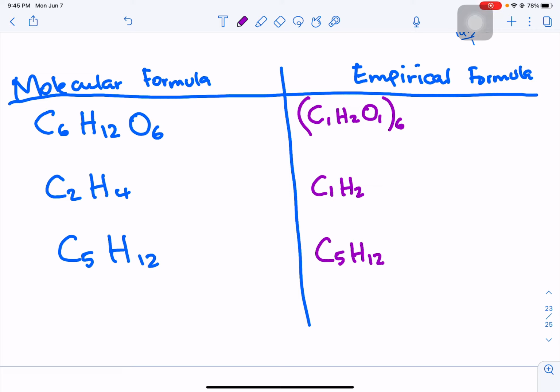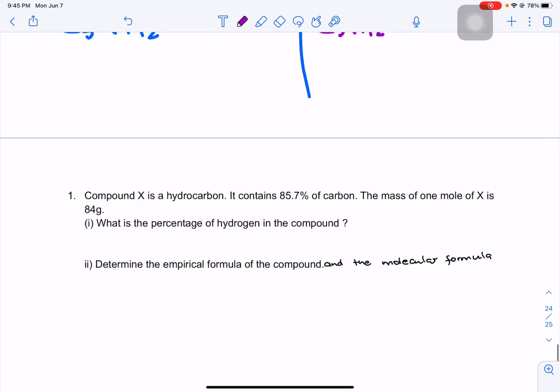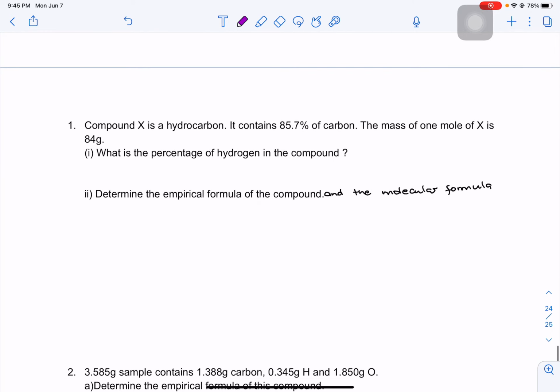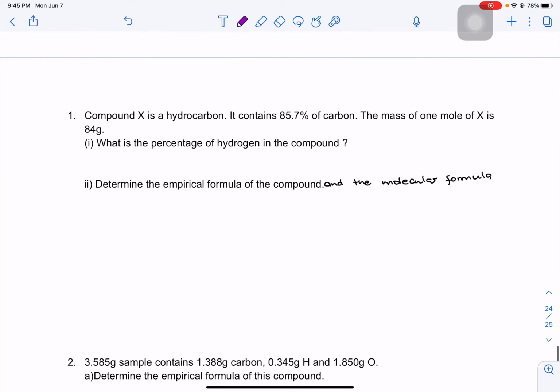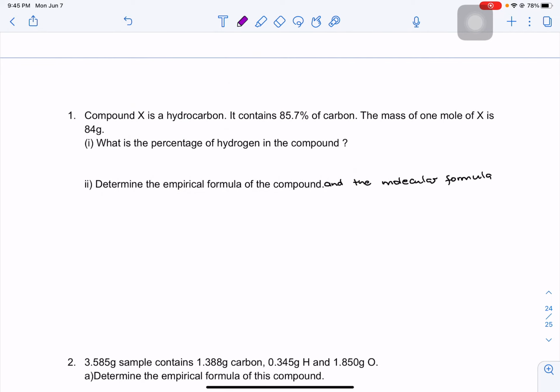The way we find the empirical formula is when we are given information such as percentages. Say we have a compound, and our compound is a hydrocarbon, meaning it contains only hydrogen and carbon. But here 85.7% of this compound is carbon.